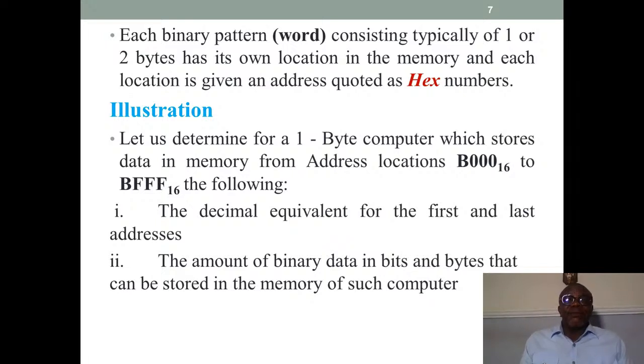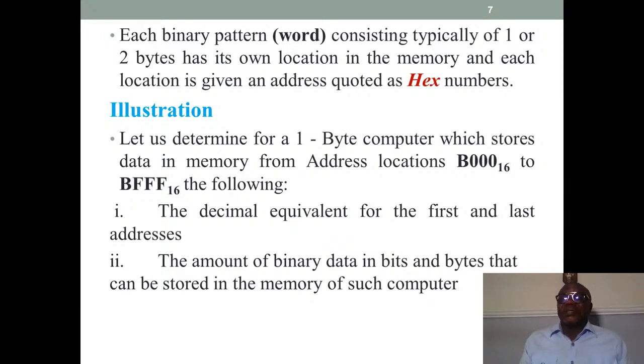Let us consider a 1 byte computer which stores data in memory locations from address B000 in base 16 to BFFF in base 16. We are required to determine the decimal equivalent for the first and the last address.